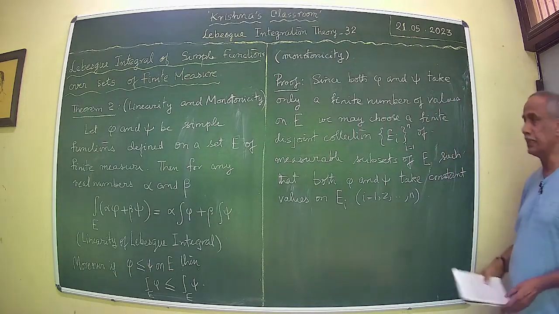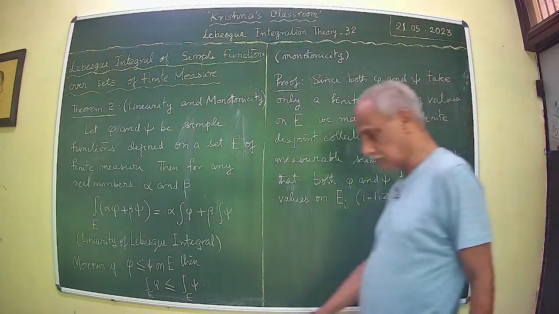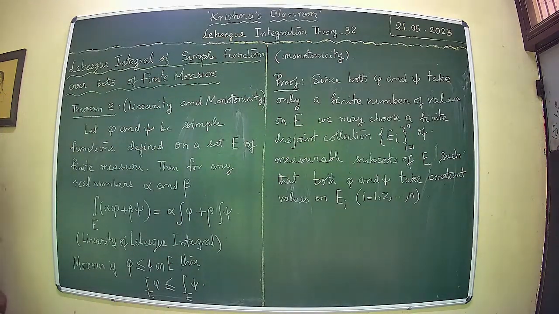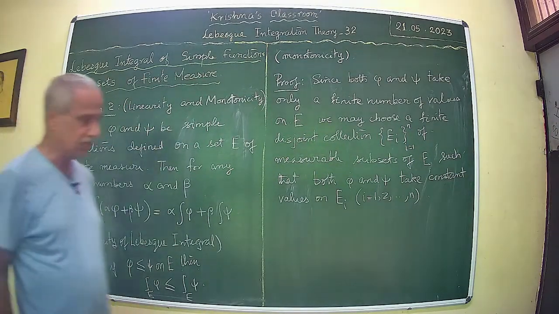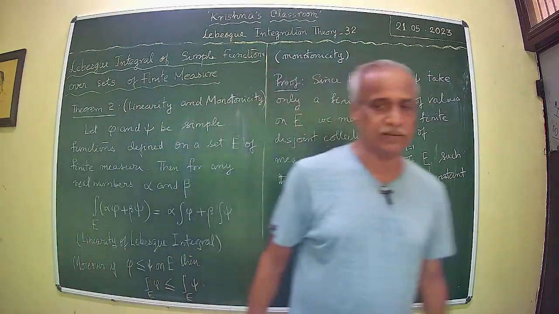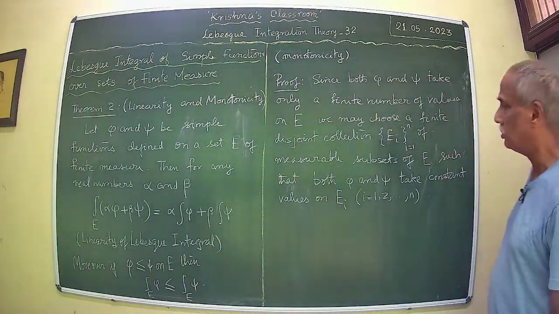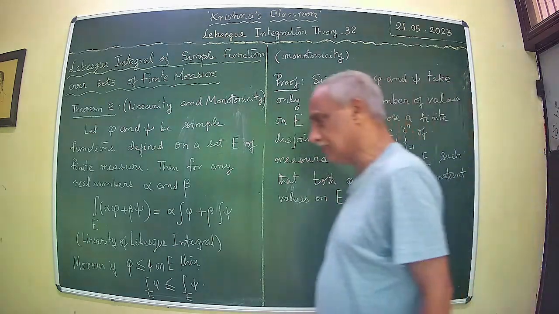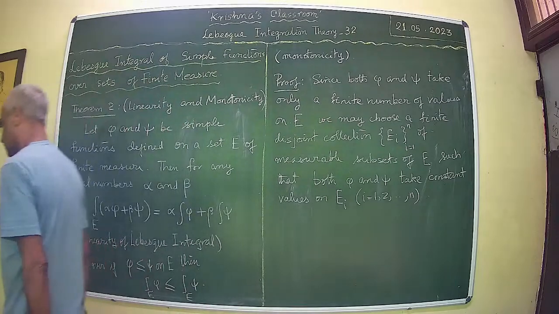So you see that the two functions phi and psi are different. Therefore, the sets on which they take constant values are also likely to be different. Therefore, what do we do? We now define E_i as a set on which both phi and psi take constant values.